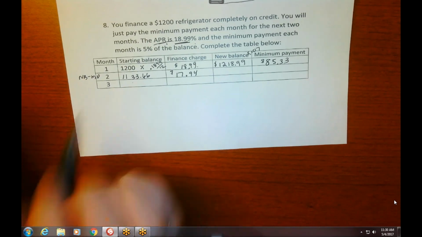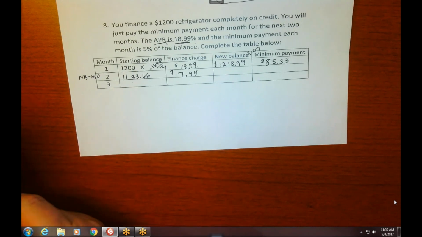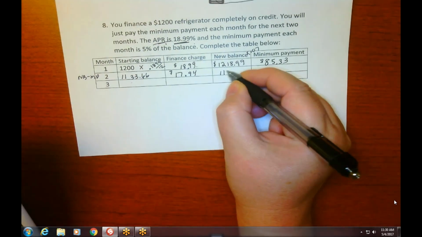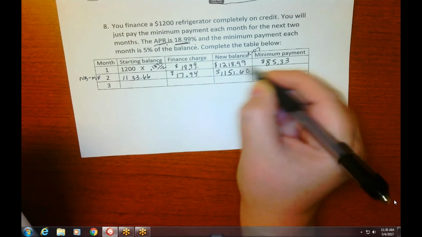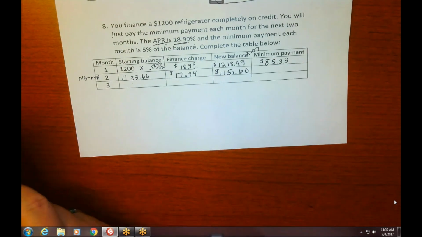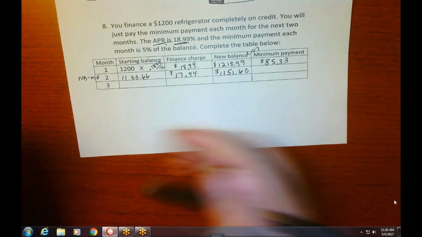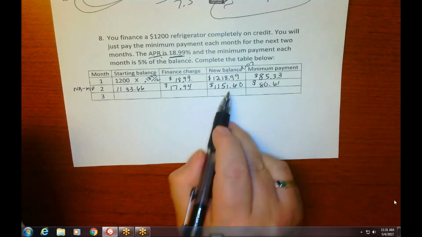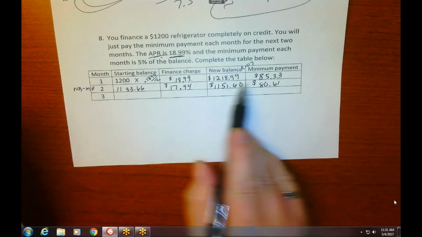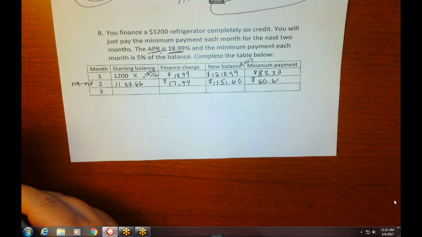Add that to the starting balance. Times 0.07. New balance minus the minimum payment.